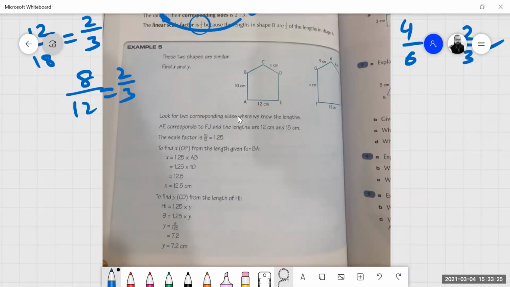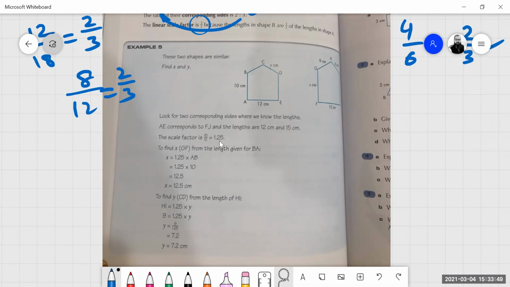Look for two corresponding sides where we know the lengths, like this, 12 and 15. AE corresponds to FJ, and the lengths are 12 and 15.